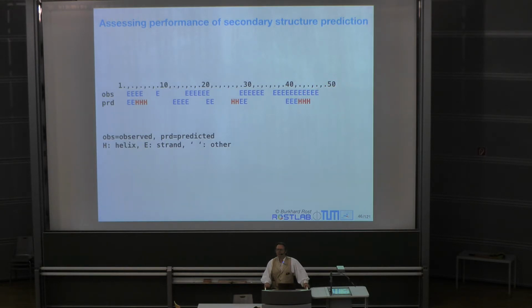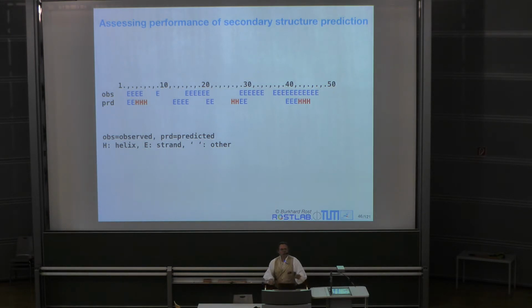Look at what you see on the screen. What you see on the screen is a method, and I will get back to that later, is somehow a prediction that is chopped up in some sense, that has short fragments.